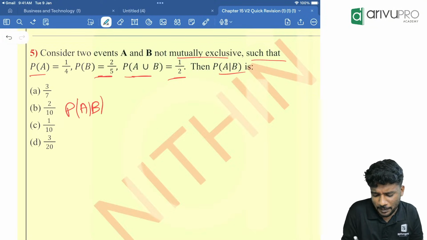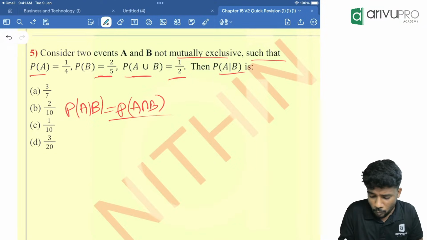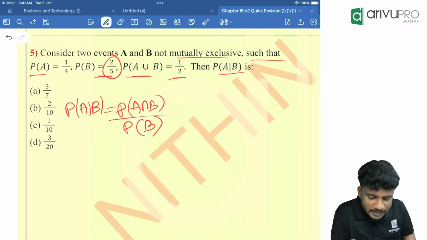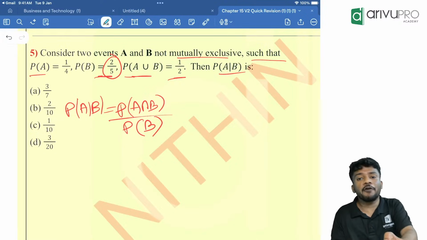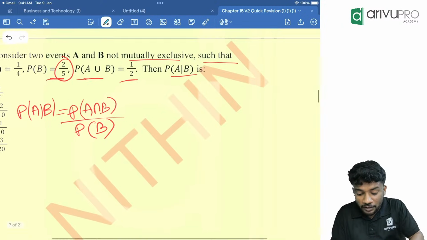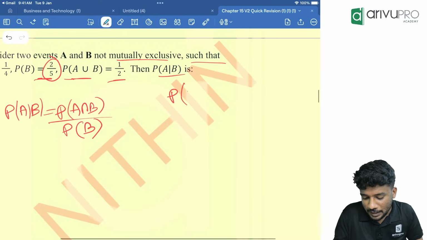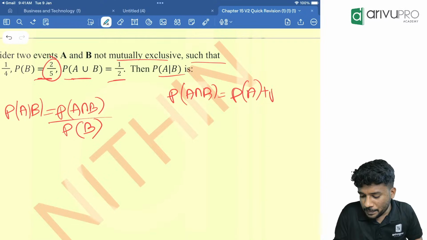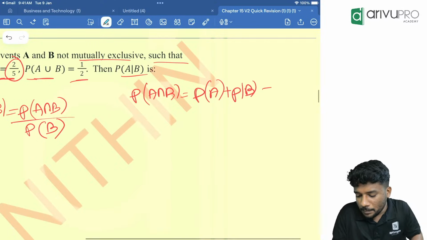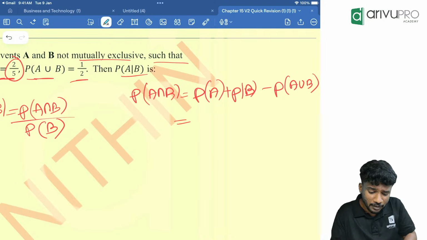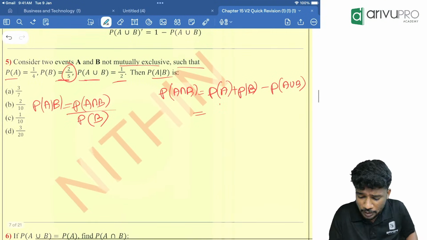P of A given B can be written as P of A intersection B divided by what? P of B. Do you have P of B? Yes, I have P of B. But do you have P of A intersection B? I don't have P of A intersection B. How will you find that? P of A intersection B is equal to P of A plus P of B minus what? P of A union B. Substitute the values over here, people. P of A is how much now? P of A is equal to 1 by 4.